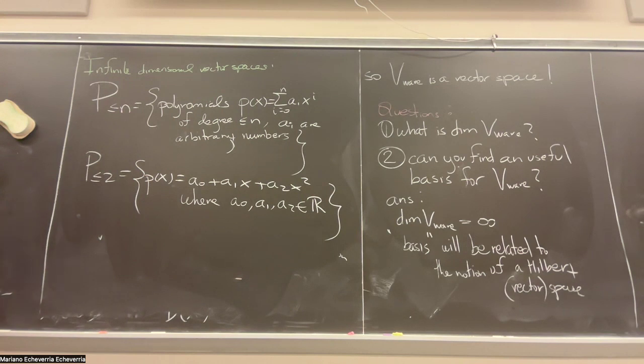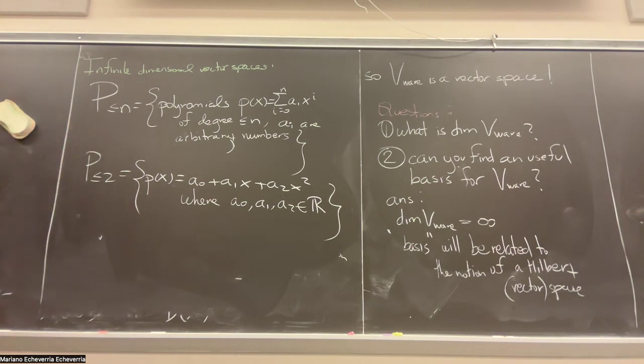And if you add polynomials of degree less or equal to two, you get a polynomial of degree less or equal to two, right? And if you multiply a polynomial of degree less or equal to two times a number, you also get a polynomial of degree less or equal to two, right? So that's just to say that either of these two cases are vector spaces.